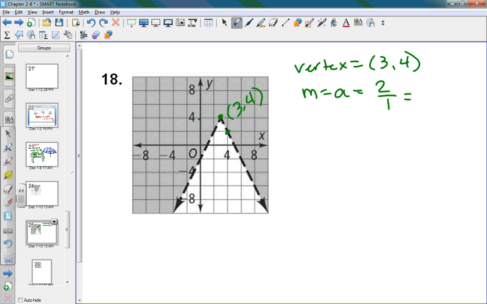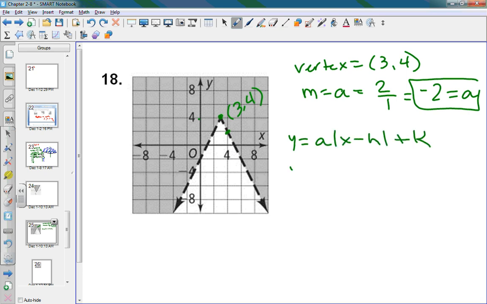Is my slope positive or negative? Why is it negative? Because it's a mountain. So my slope is negative 2 for A. So my equation is going to be y is equal to A absolute value of x minus h plus k. What is A? Negative 2. X minus, what's h? 3 and k is 4. There's my equation.